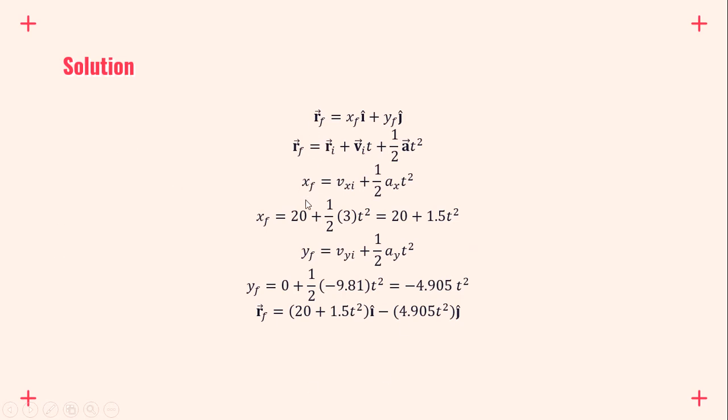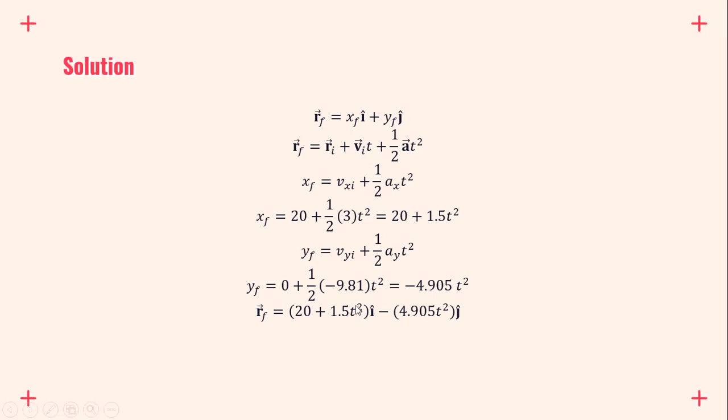To get the final position xf, since we start from the origin (0, 0), xi is equal to 0. So xf is equal to 0 plus vxi t plus 1/2 ax t squared. So we have xf is equal to 20t plus 1/2 times 3 t squared, which is 20t plus 1.5 t squared.